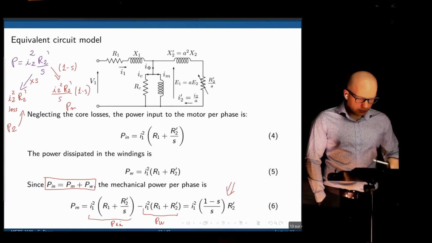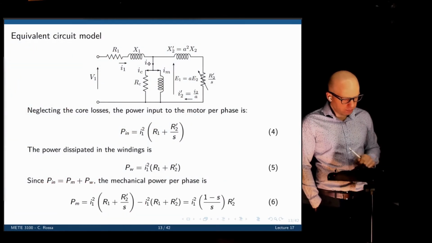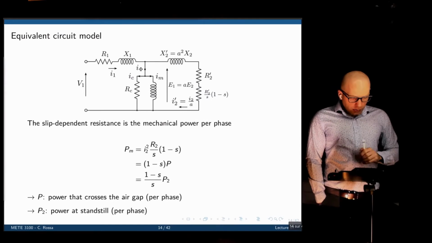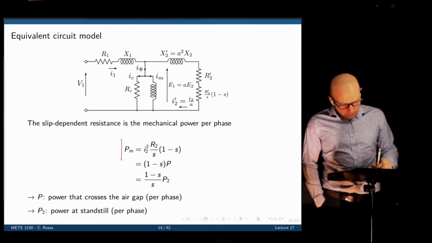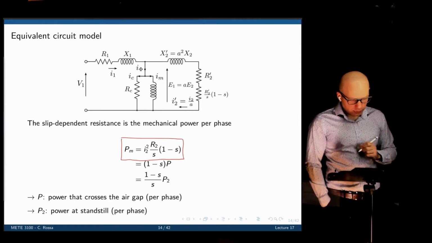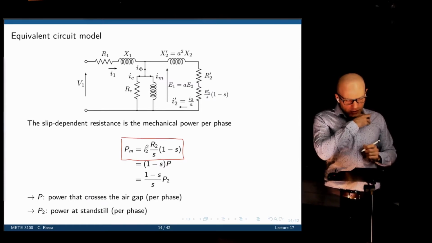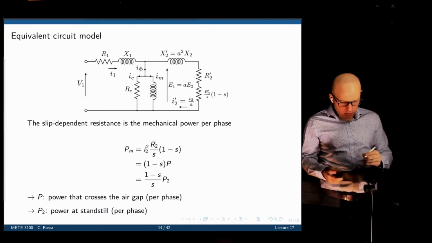Any other questions? No? All right. So if that is the case, then here we have the power that is converted into mechanical power, and you can express this power as a function of the other two powers we had. Let me recap them here.